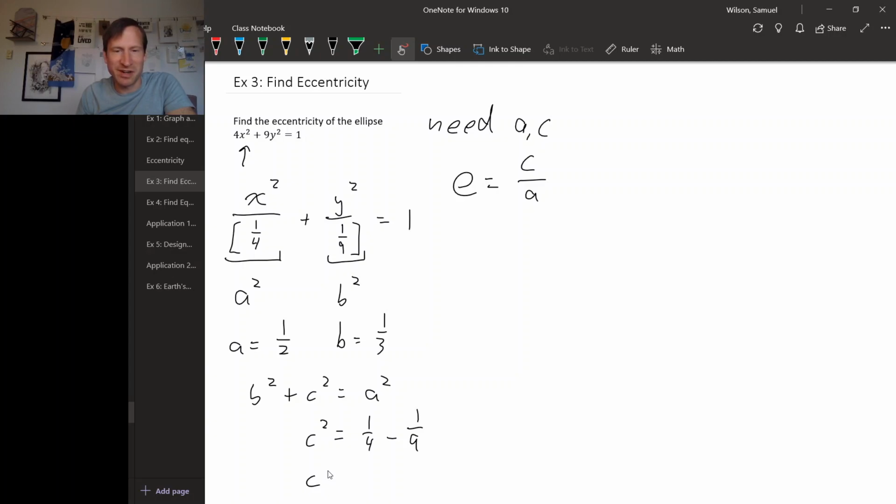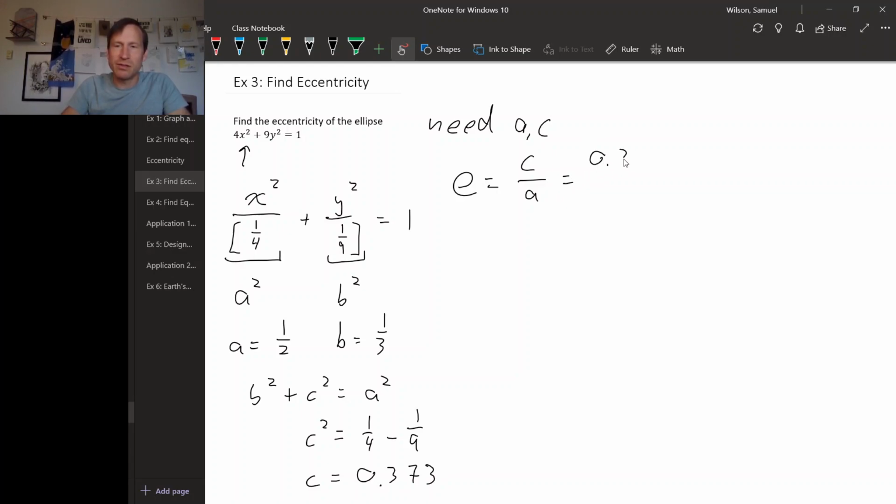So this isn't going to come out nicely, so I'm just going to punch this all into a calculator. So 1 over 4 minus 1 over 9, and then square root of that, 0.373 approximately. And now finally we know c, so we can calculate the eccentricity.